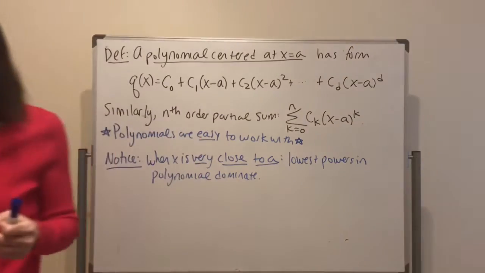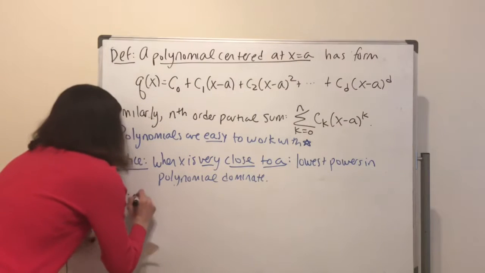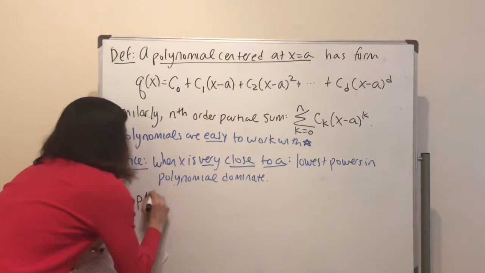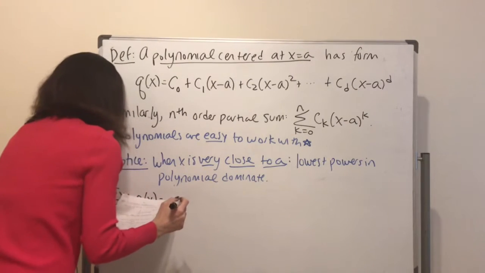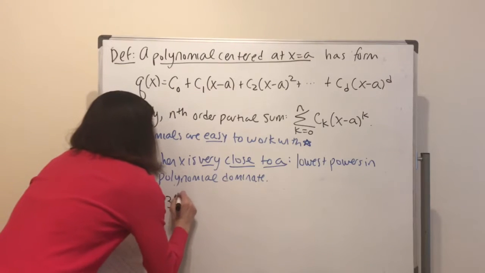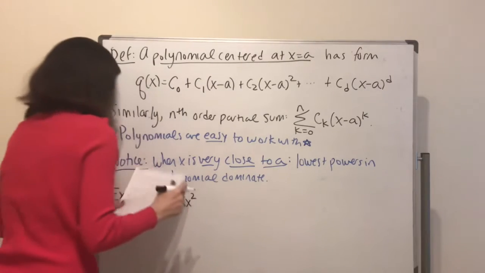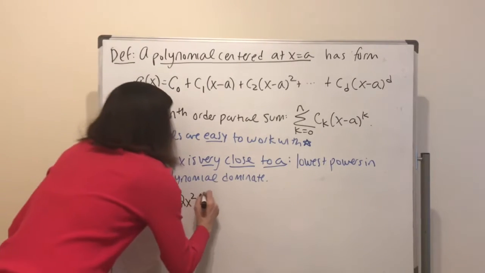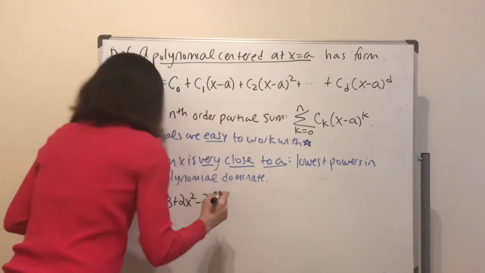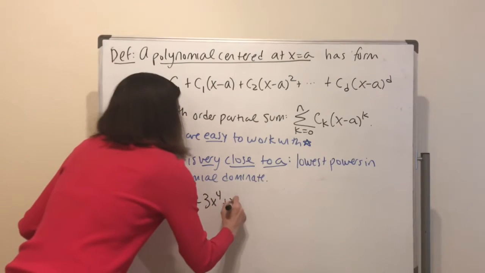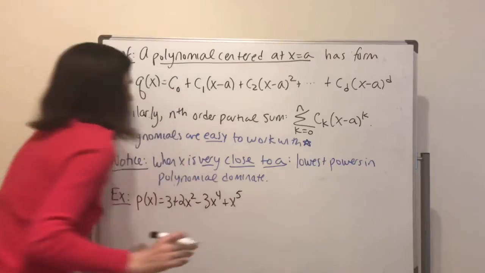Okay, now, let me see. I want to do an example. So suppose we have p of x, which is 3 plus 2x squared minus 3x to the 4th plus x to the 5th.